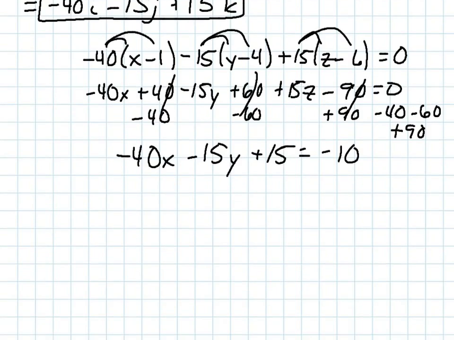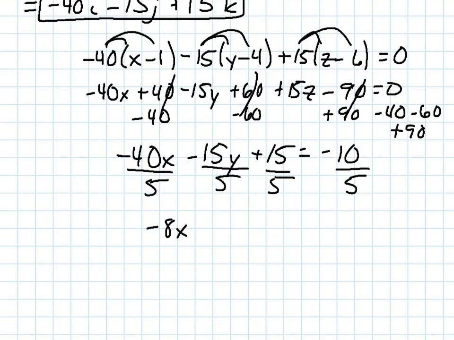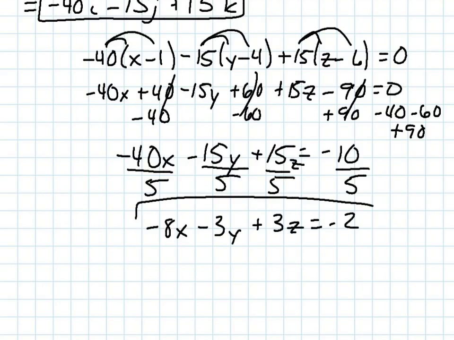Now here I could do a little bit more simplification. They all have a common factor of 5, so I could divide everything by 5. So that makes me negative 8x minus 3y plus 3z equals negative 2. So that would be my equation. Okay? Have fun.